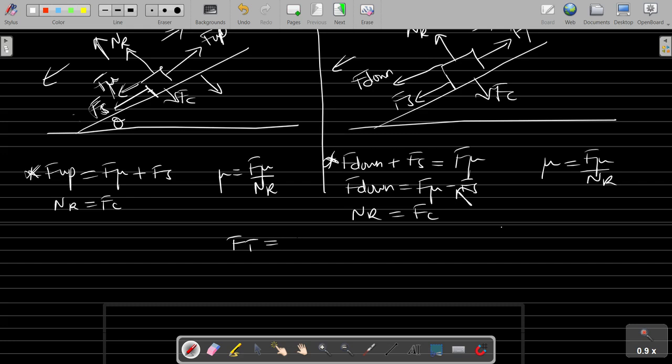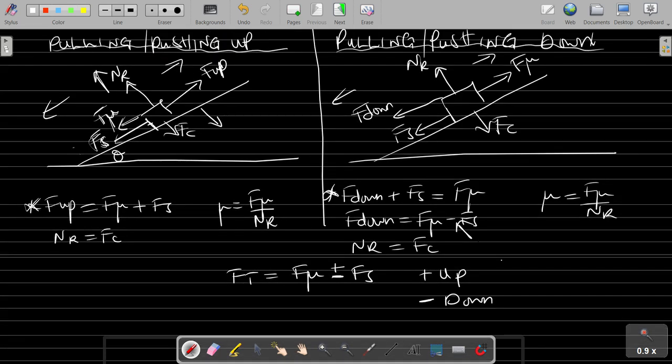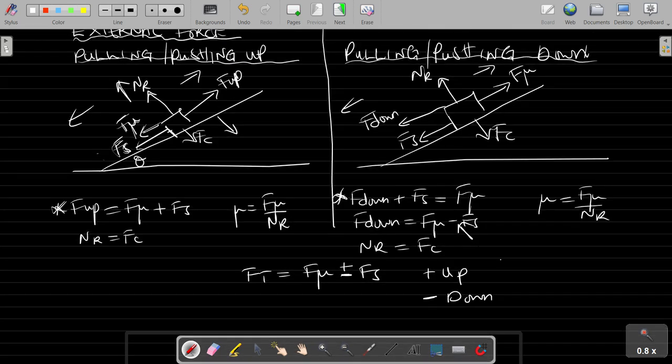So the positive sign refers to when it's going up, and the negative sign is for when it's pulling down the incline. This is as far as you need to know related to an incline.